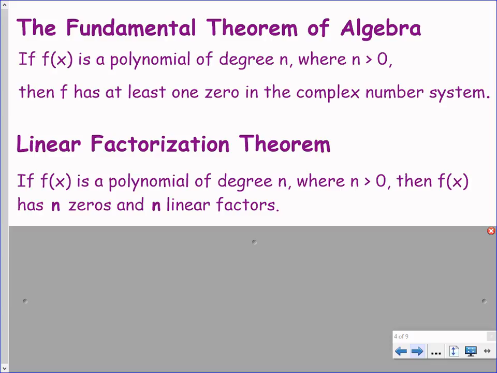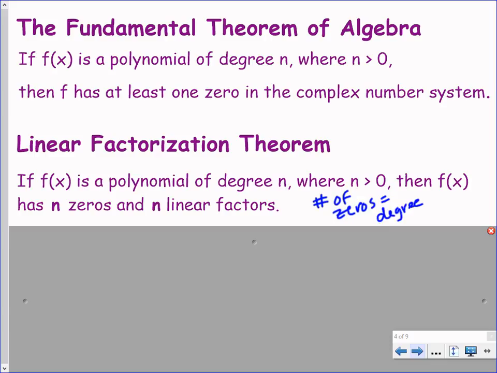So the number of zeros is equal to the degree. Maybe write that down in your own words. Number of zeros equals the degree.